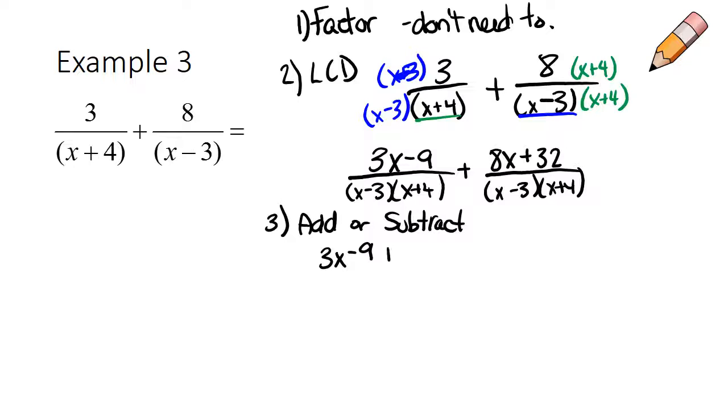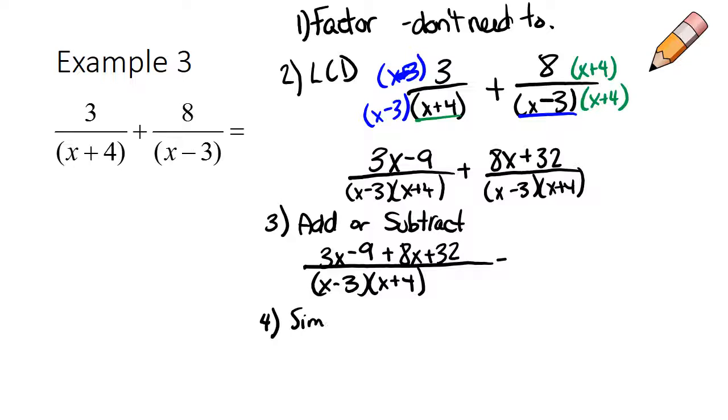3x minus 9 plus 8x plus 32. Because I'm adding, I don't have to worry too much about my signs. Let's simplify. In the numerator, I have 3x plus 8x.